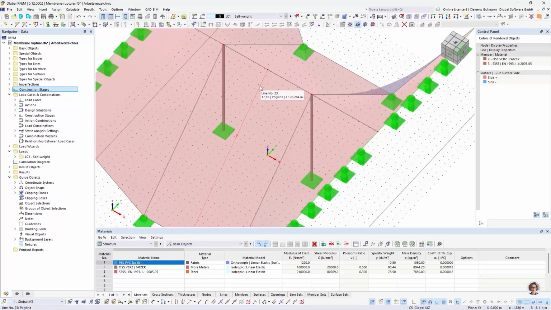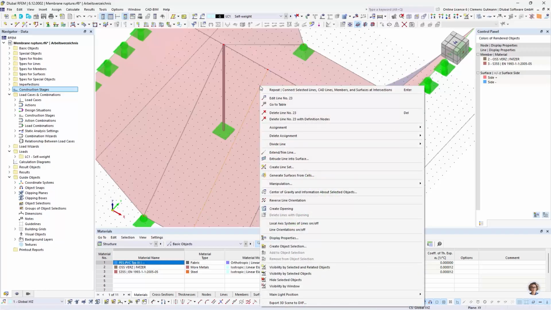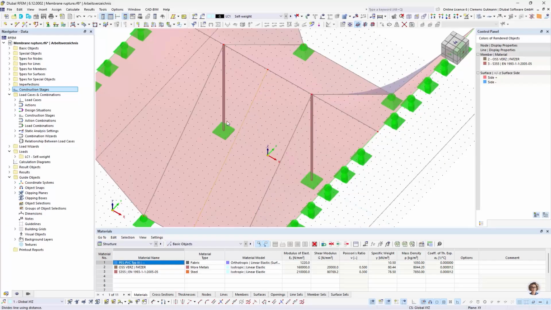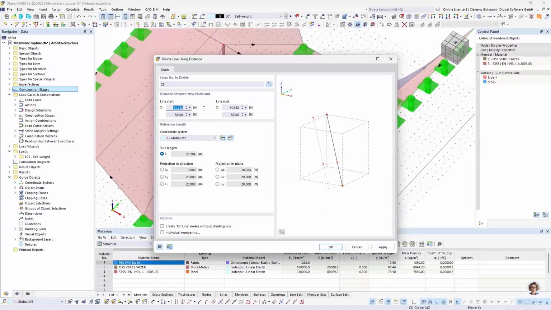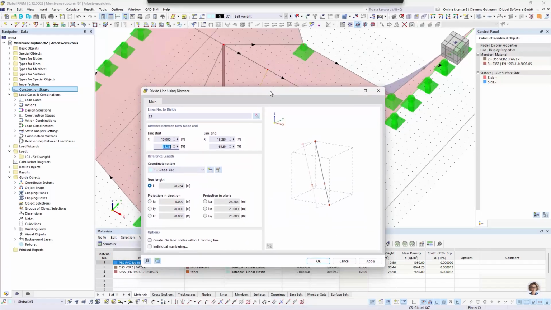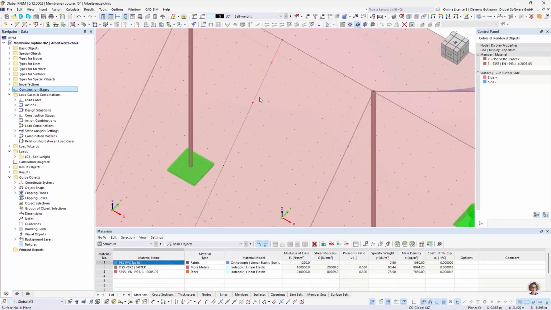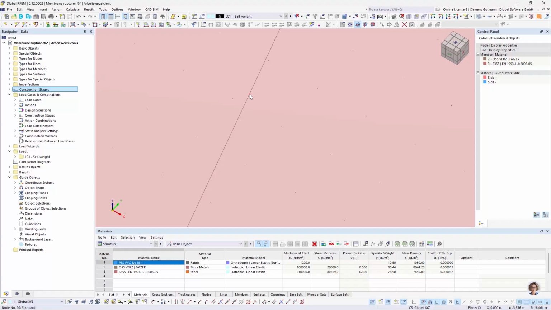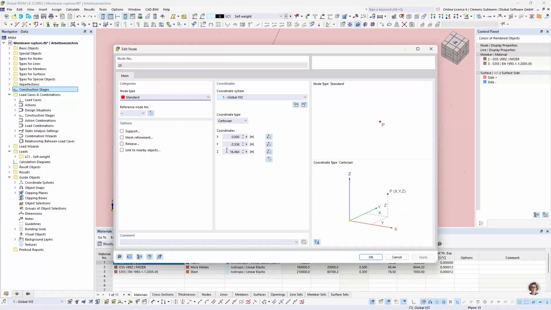And then in our case, our panels will be 10 meters long. So what I am doing is I'm going to divide that line at a certain distance. In our case, 10 meters from the start. Apply, and then again 5 meters in the middle of that line again. I'm going to move this node by a little bit. Let's say 1 centimeter.